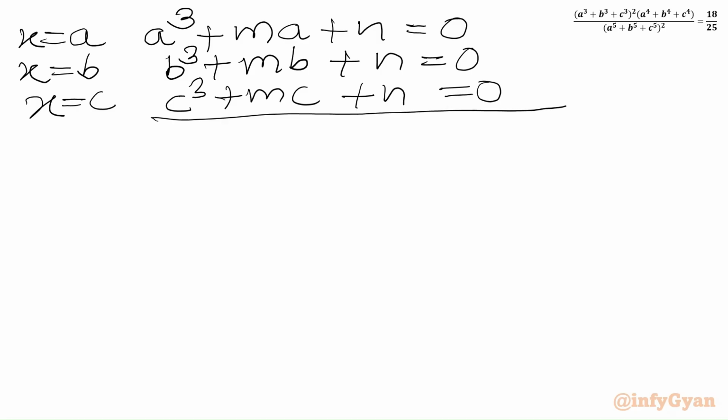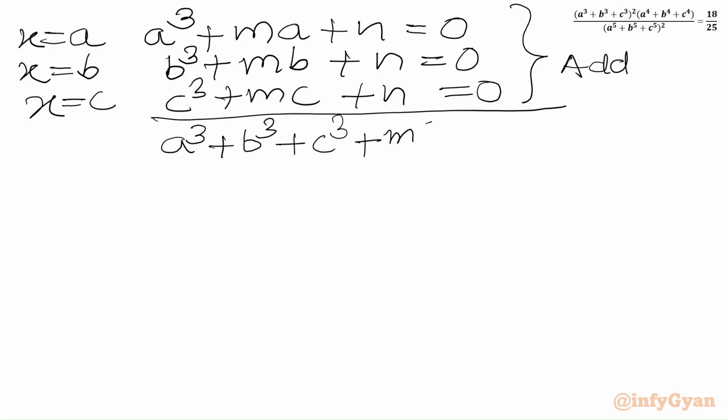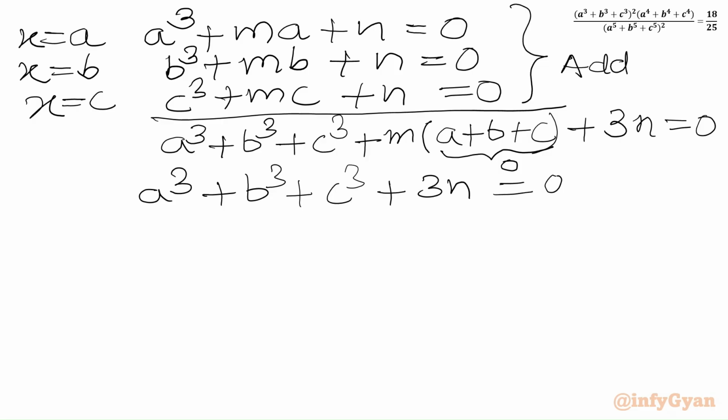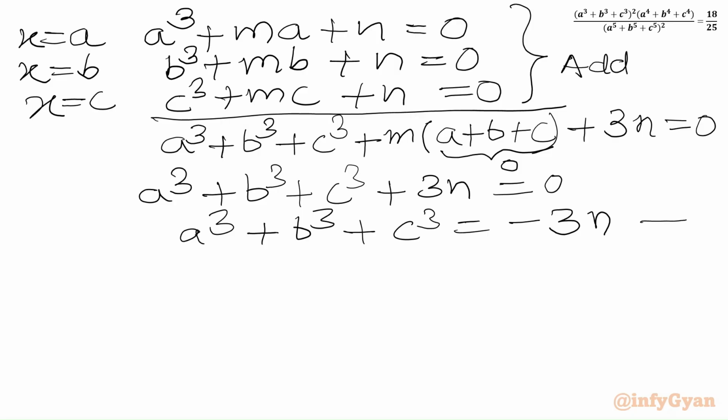Now we will add all three equations. We get a cube plus b cube plus c cube plus m, which is common, times the bracket a plus b plus c, and then 3 times n. RHS is 0. Now a plus b plus c is 0, so a cube plus b cube plus c cube plus 3n equals 0, or we can write the value of a cube plus b cube plus c cube is minus 3n. Let's say this is our equation number 2.